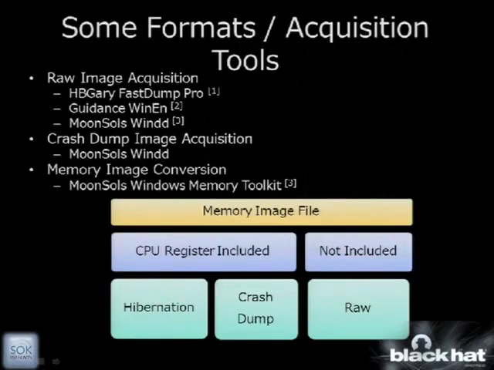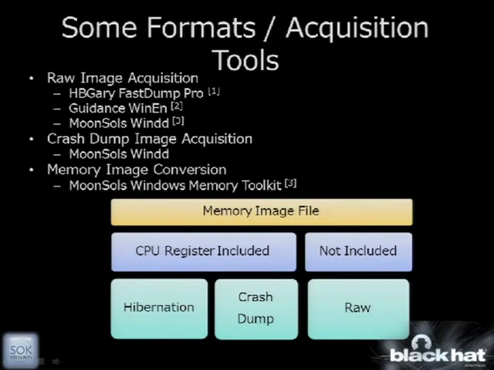There are three memory image formats: raw, crash dump, and hibernation. Generally, the image used by memory forensics is raw. HBGary FastDump Pro, Guidance WinEn, and MoonSols WinDD make raw images. WinDD can also generate crash dumps.